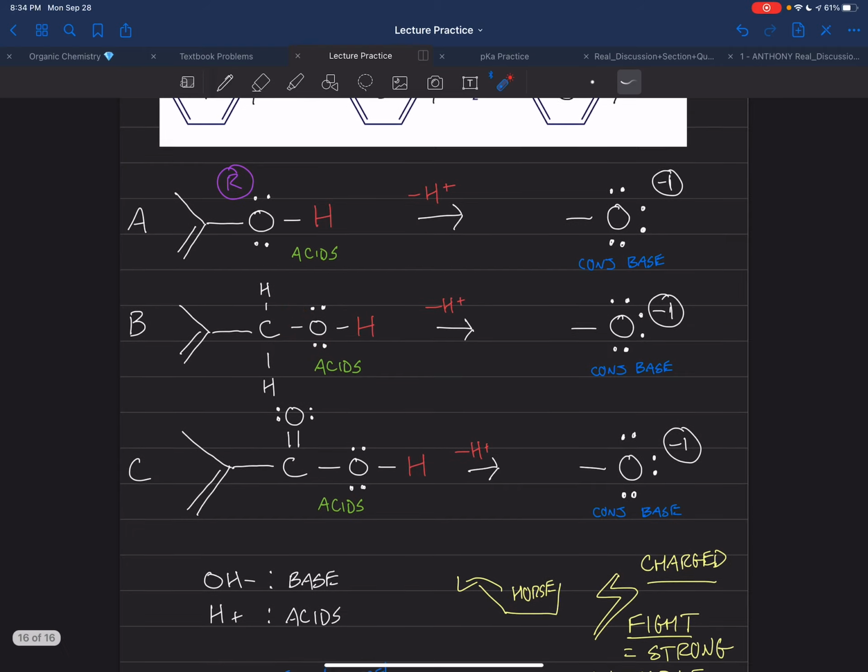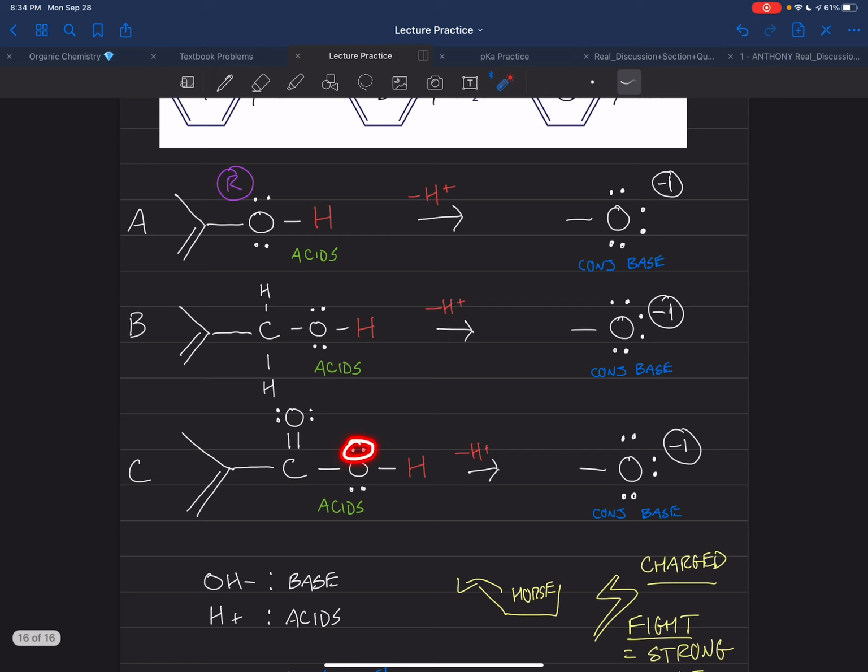But look at this one down here. This lone pair, it can hop here, and there's a double bond right there, and that double bond can then become a lone pair up here. And then you can also keep going at the same time. This double bond could also hop here and so on.